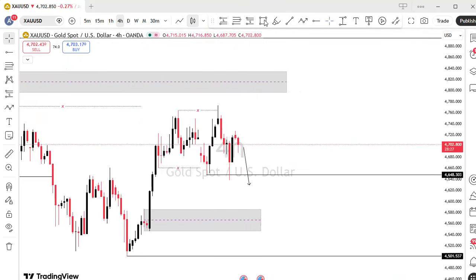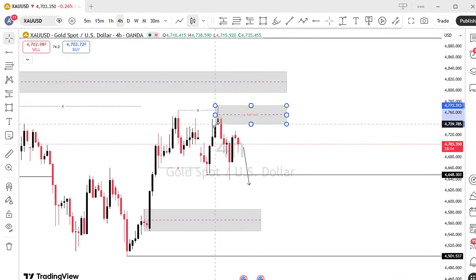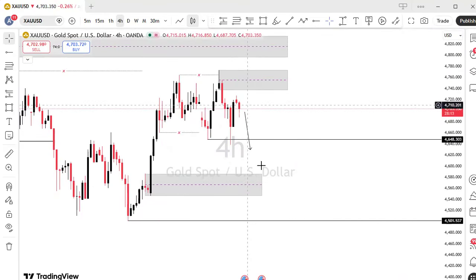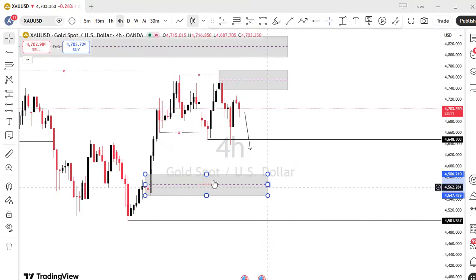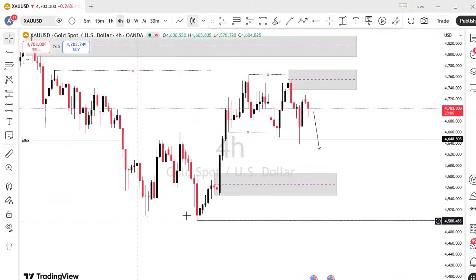Where will I look to sell from? Assuming now the market will continue selling here and break this low with the 4 hour candle, this will be my order block or my supply zone where I will look for selling opportunities. And also this zone, because I can see very clearly, market swept this liquidity here before coming to sweep this liquidity and then gave us an internal change of character.